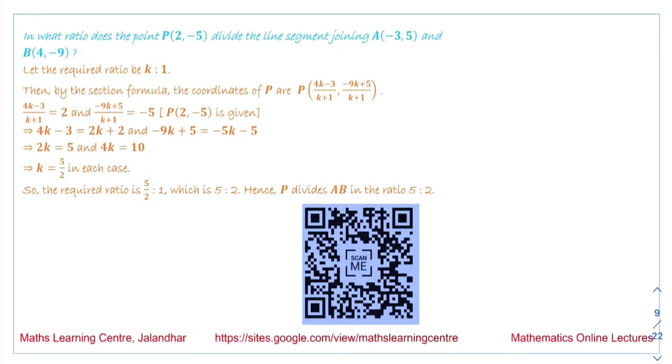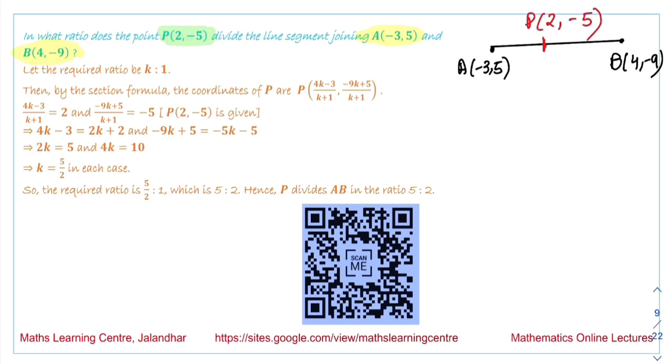Next is, in what ratio does the point P 2 comma minus 5 divide the line segment joining these 2 points that are given? We have now to find the ratio. It means what is given to us is this point A is minus 3 comma 5, this point B is 4 comma minus 9. We have joined these 2 points, we obtain a straight line. We are saying a point P is there and the coordinates of point P is 2 comma minus 5.